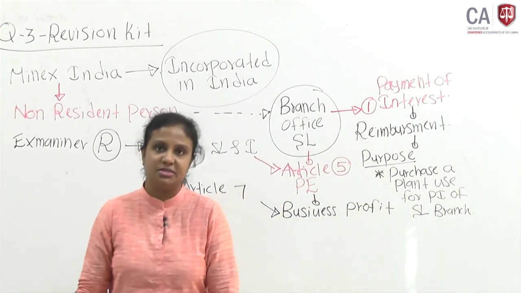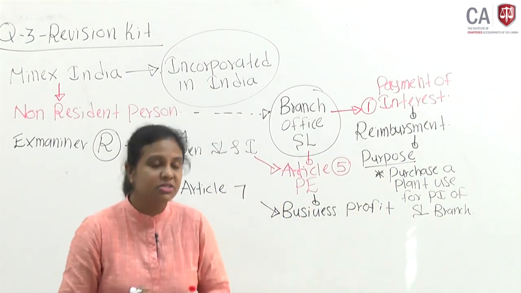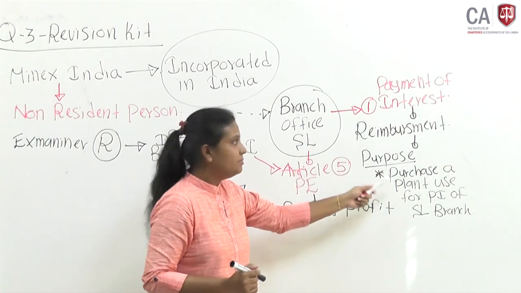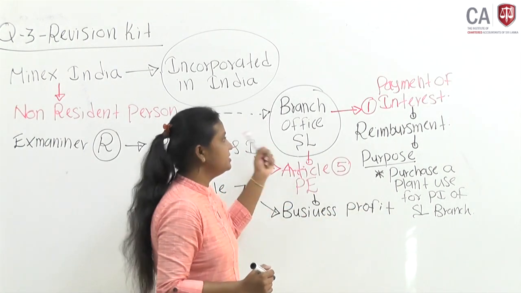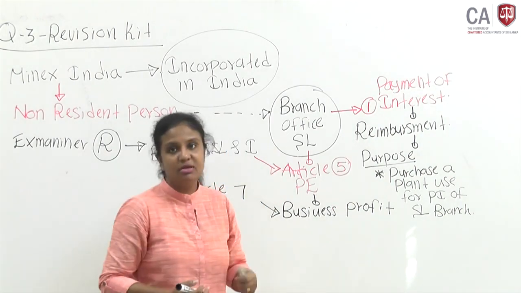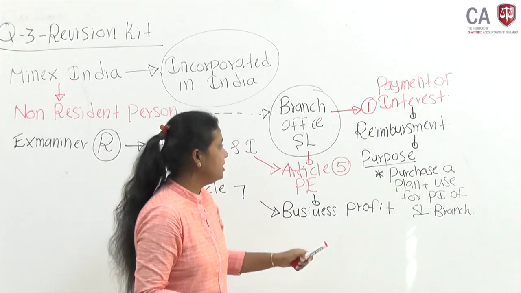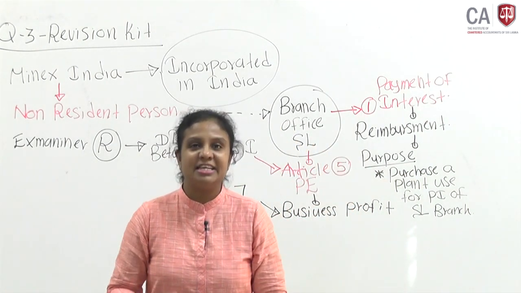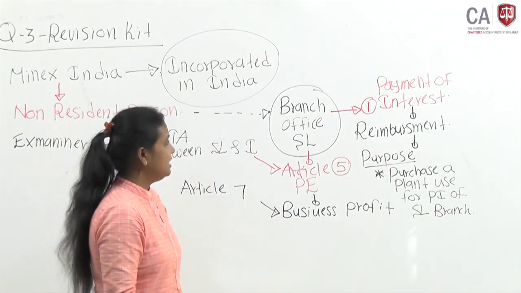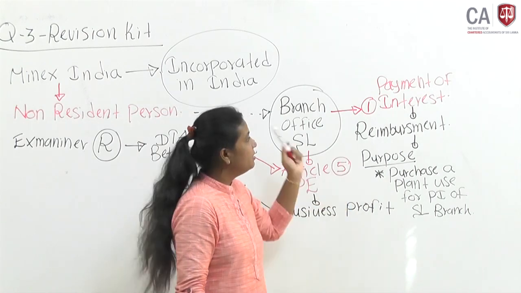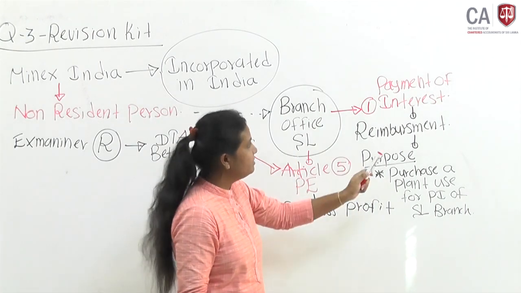Then the plant is being used in my branch, and maybe due to my financial capacity or some restrictions, they have not given the loan to me. Therefore, on behalf of me, the head office has taken the loan. Then it is my finance cost, and the plant is used by me, that finance cost has been paid by the head office.